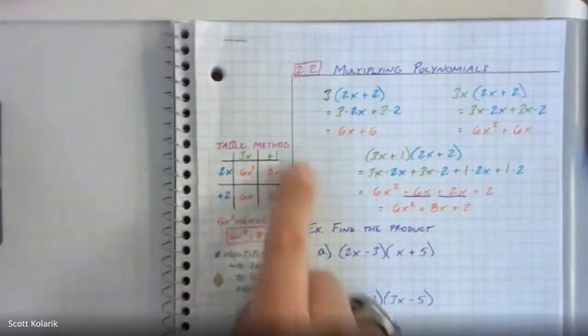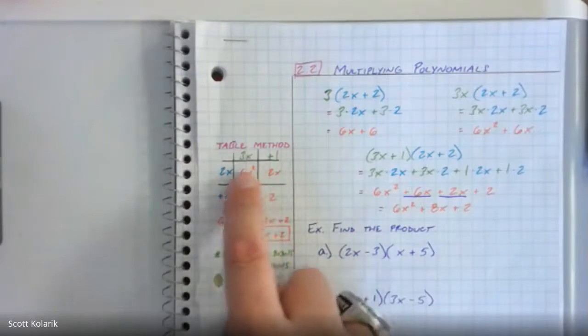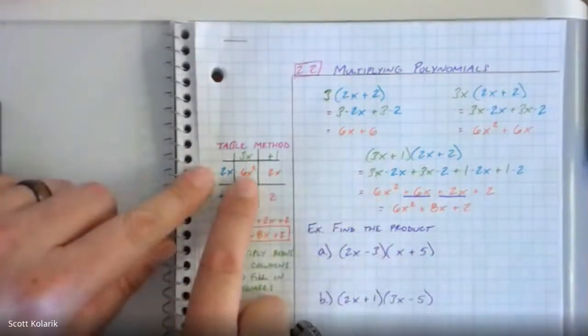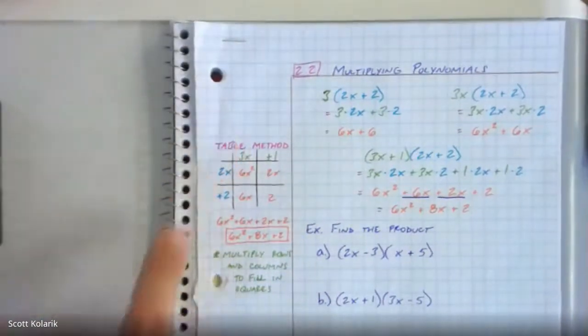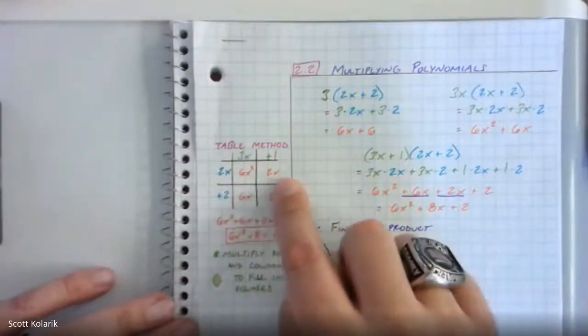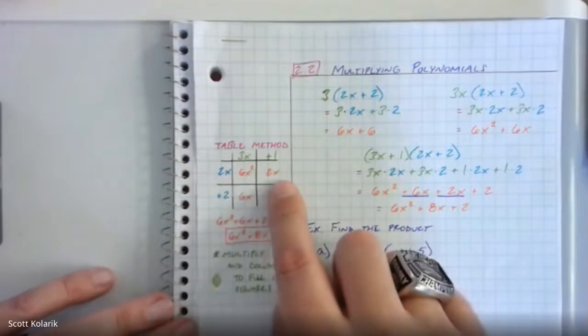Okay. And basically what happens in table method, it's the same exact thing as here. It's just that now rows and columns are multiplied by each other. So for instance, for this box, I would multiply the 3x and the 2x together. 3x times 2x gives me 6x squared. For this box, I'd have positive 1 times 2x, 2x.